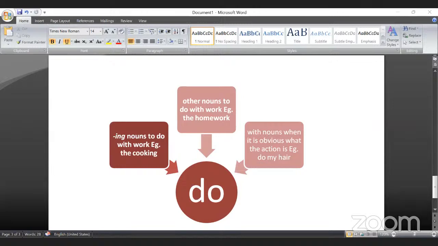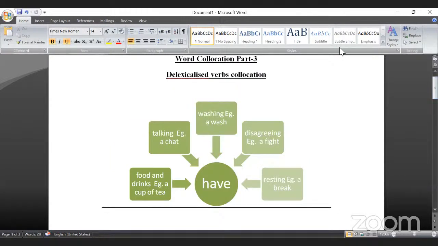So, what is this related to? Had a nice chat, had an argument, have a shower. Related with past, that is, that work is done, like it's finished. Had an argument was related to disagreement, have a fight.